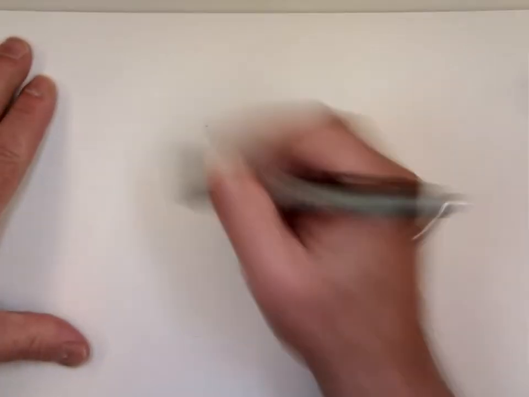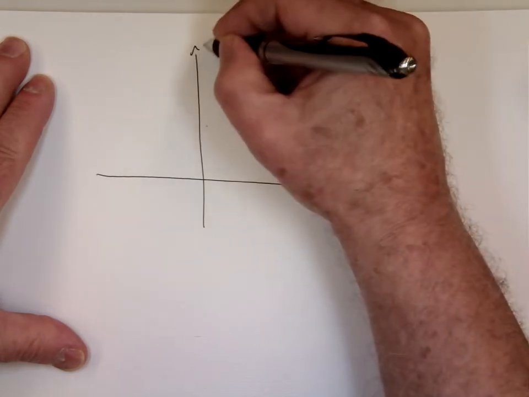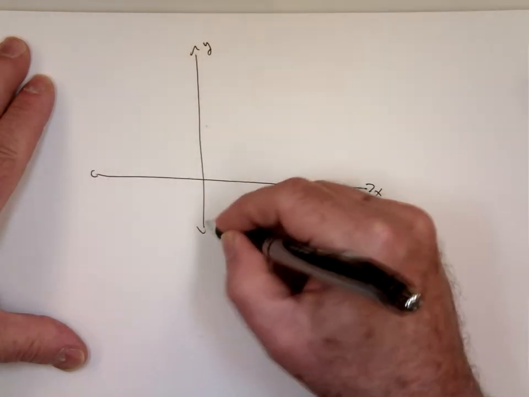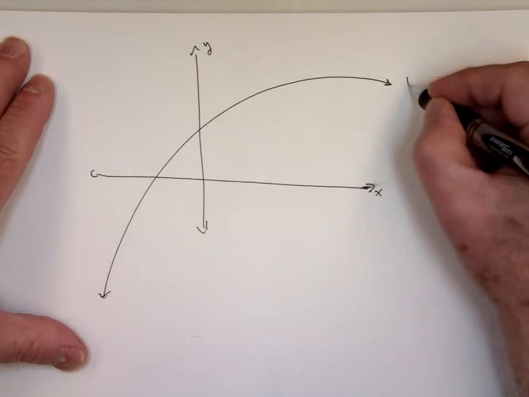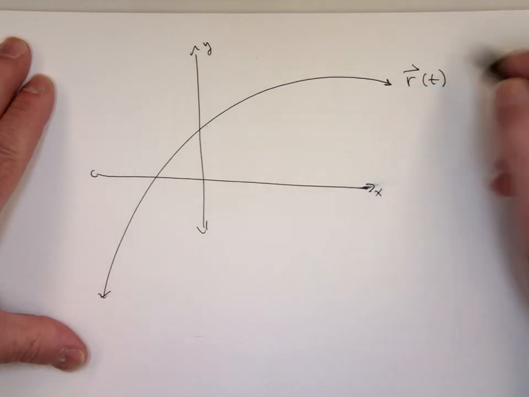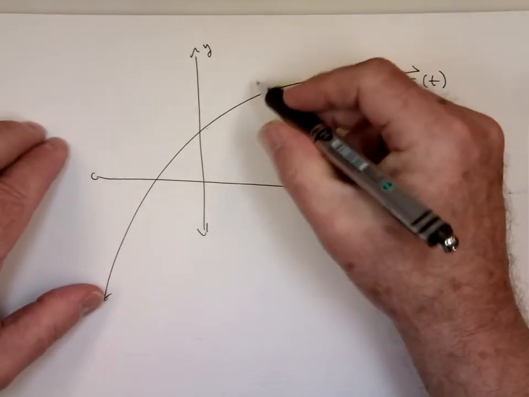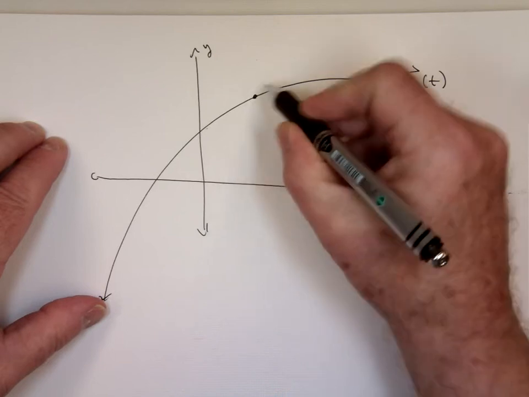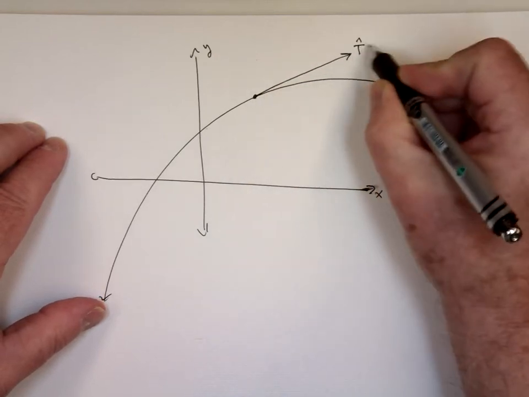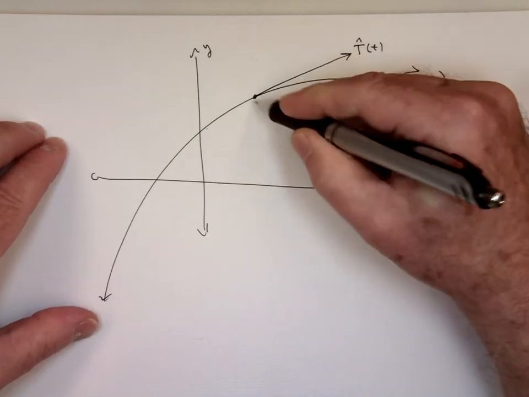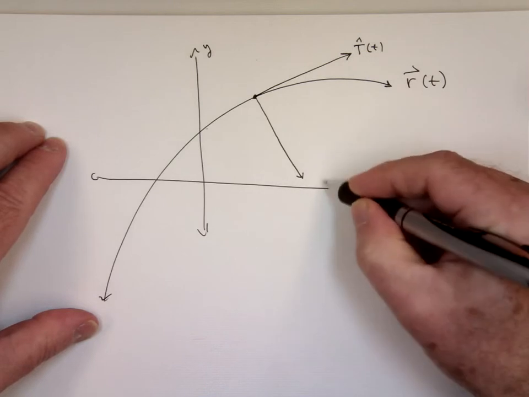Let's suppose we have a vector valued function traveling along a path. What we're going to have is a unit tangent. We're going to have a principal unit normal vector, like so.